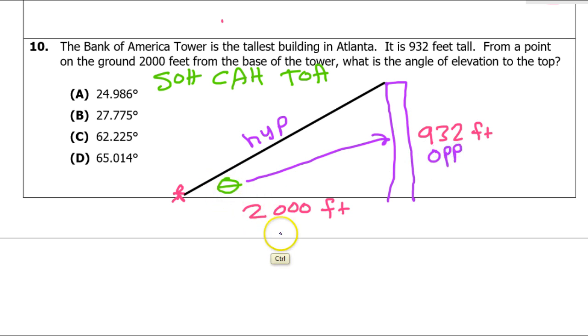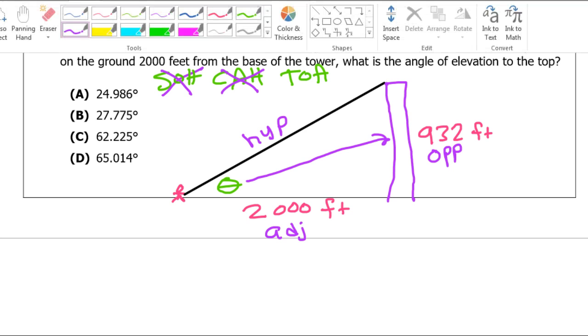Right next to the angle is the adjacent leg. Notice that the hypotenuse has nothing. It's not a value that we're given, it's not a value that we're looking for. So any function that involves the hypotenuse will not be used. Sine involves hypotenuse and cosine involves hypotenuse. That just leaves tangent. So this is the one that we're going to actually use.